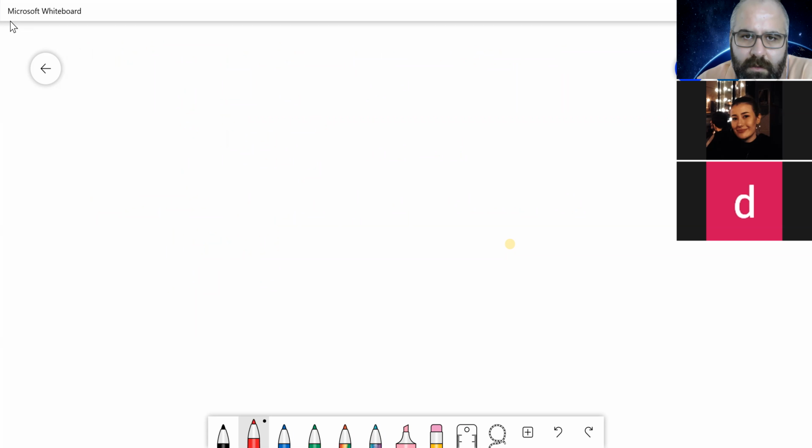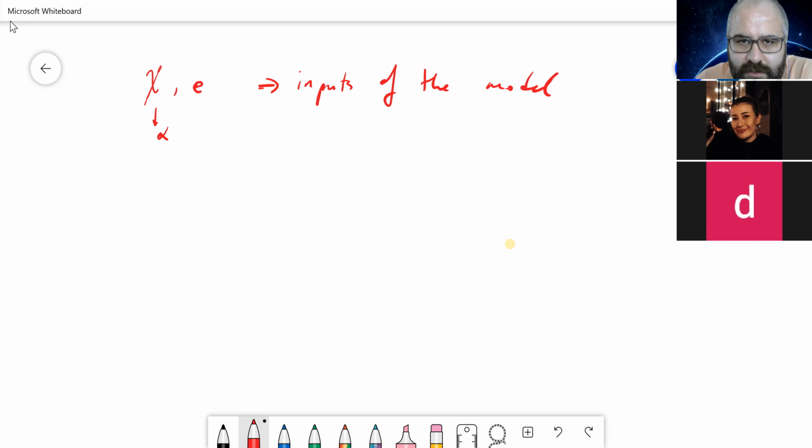All right. So we have the model, right? We have demands. We have endowments. Now the parameters of this function, let's denote them by alpha. And endowments, these are the inputs of the model, right? Now, since endowments are fixed, I can also take them as parameters.